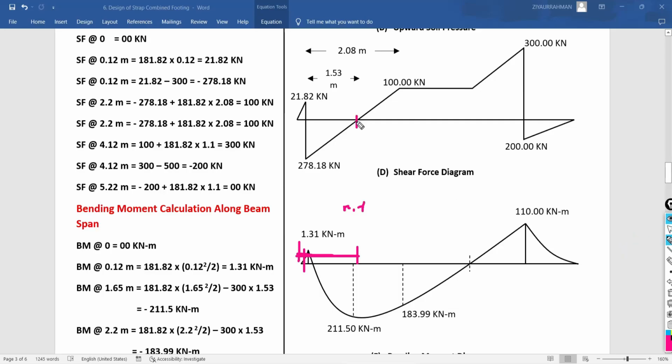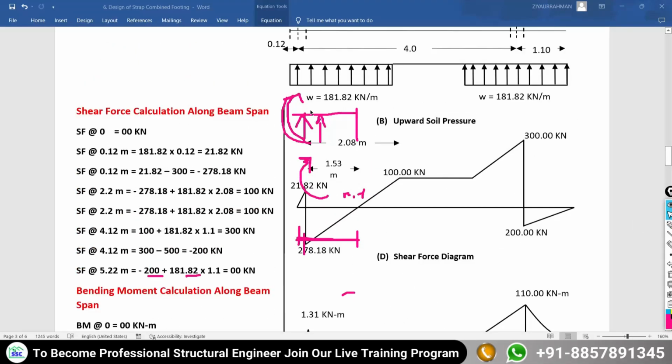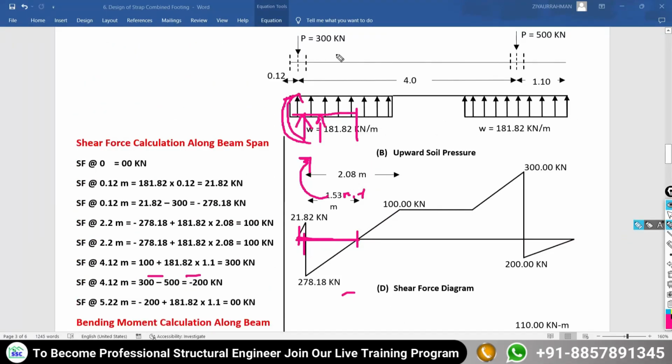So at this zero shear force point, I want to calculate how much the bending moment is. I am getting 181.82 multiplied by 1.65, this much cantilever projection, 1.65 squared divided by 2, minus, because the upward soil pressure is taking clockwise, but there is another loading coming from the upper side, that is 300 kilonewton, which is anticlockwise, so it is in minus sign.